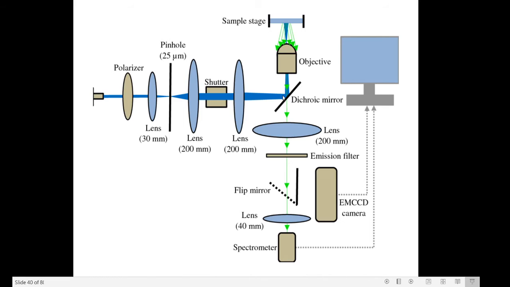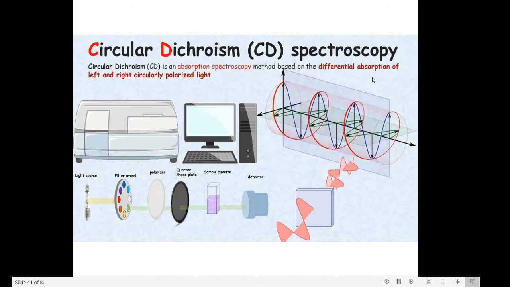After the light is absorbed by the cells, the objective produces fluorescence light, that fluorescence light is absorbed by the spectrophotometer, and this spectrophotometer transfers the signals to the monitor.